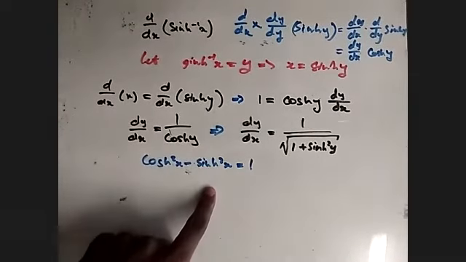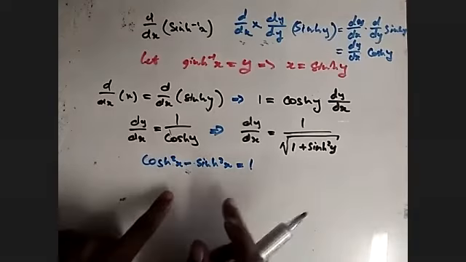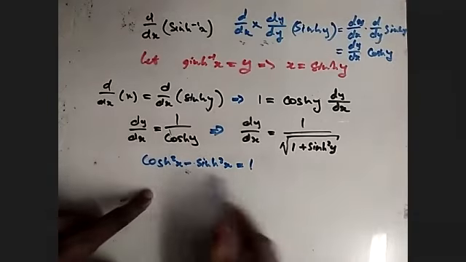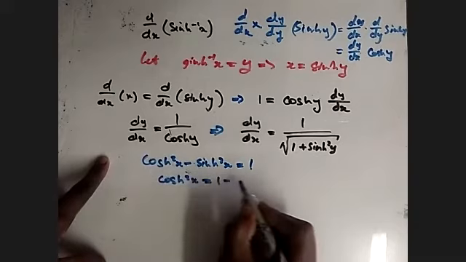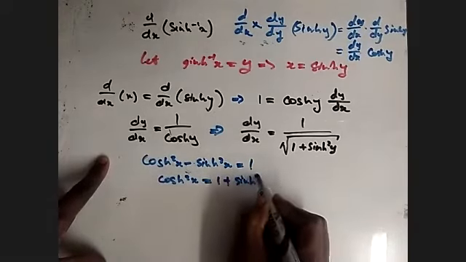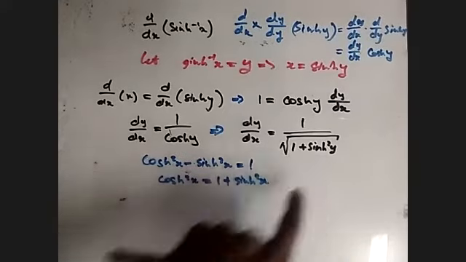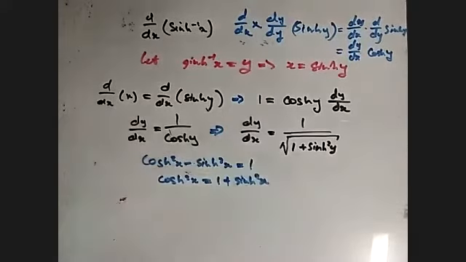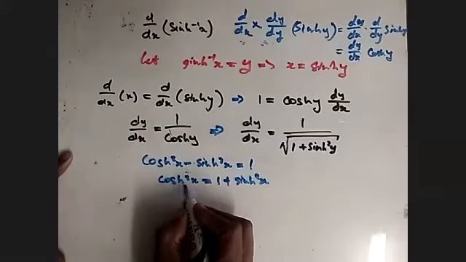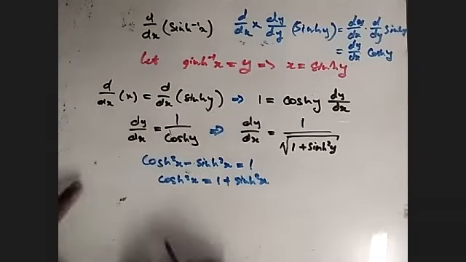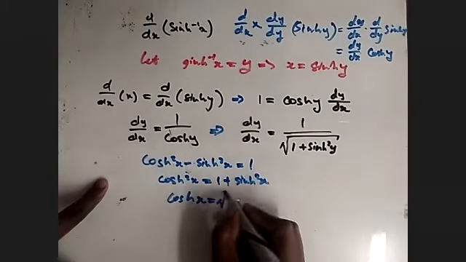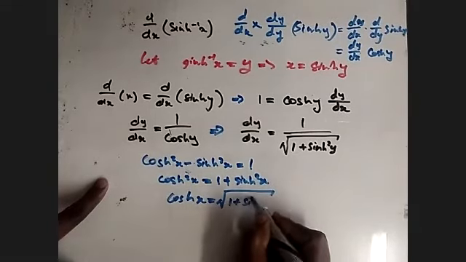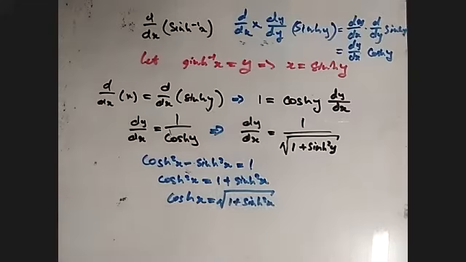You remember this thing, guys. Yeah? So what I just did here was, because I know this, I said cosh squared x is equal to 1 plus sinh squared x, which is this part. But in this case, my x is y. And then I said, oh, but I don't want cosh squared. Let me take the square root on both sides. So I got cosh x is equal to the square root of 1 plus sinh squared x.